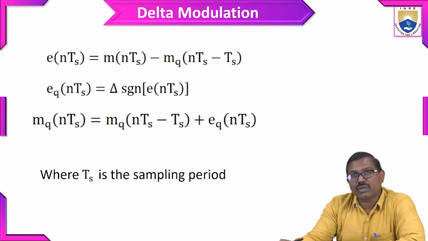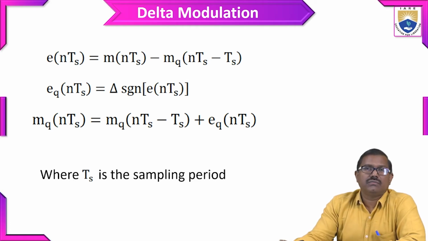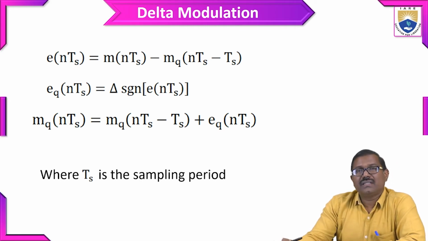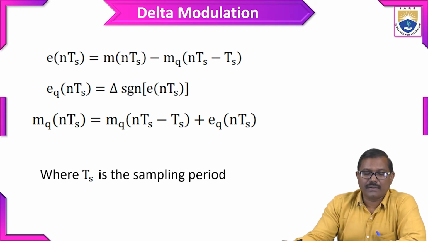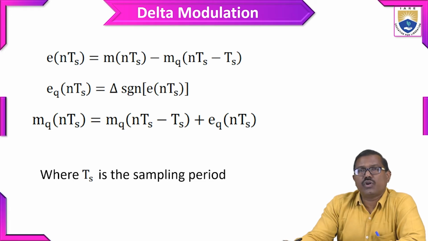That means the output of the quantizer is equal to delta times sigma function of e(nTs). So the quantizer contains a hard limiter which is going to increment or decrement delta, that means plus or minus delta is provided in the quantizer. And the last one is mq(nTs), the quantized message signal, which is equal to mq(nTs minus Ts) plus eq(nTs), where Ts is the sampling period.